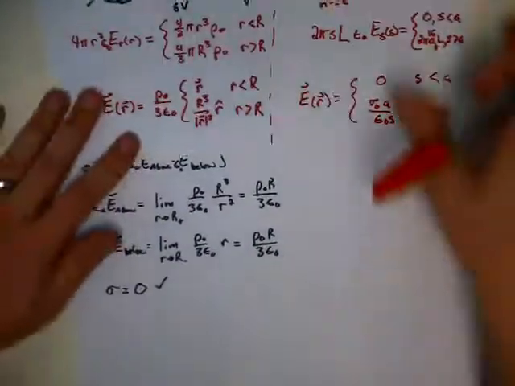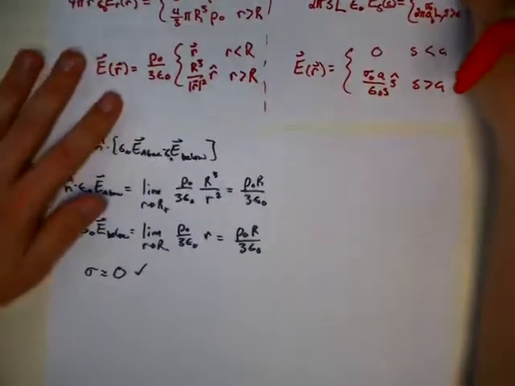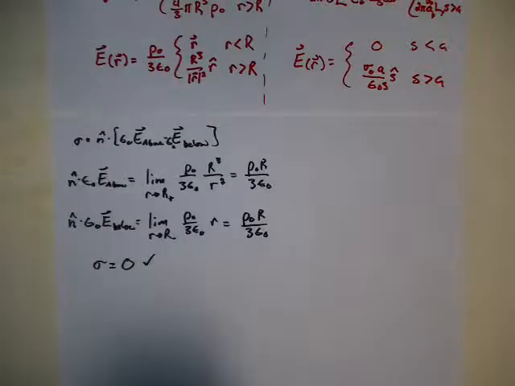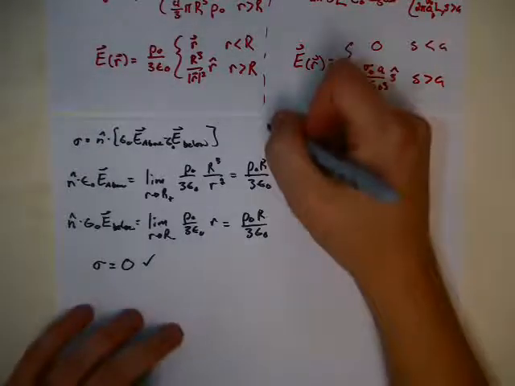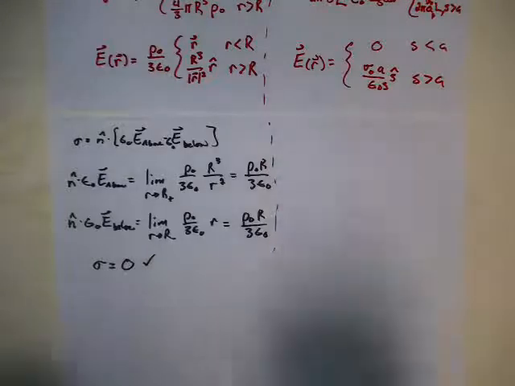Okay, and so that's the electric field in the cylinder's case. And so now we want to come down here and do the same thing we did before. We want to check the electromagnetic boundary conditions for the cylinder's case. So let's separate those.